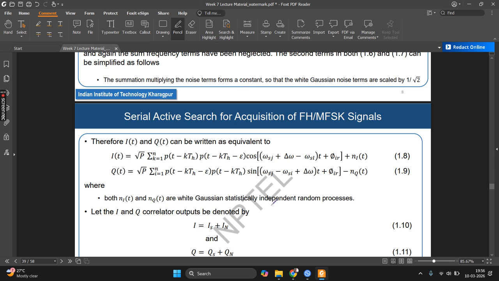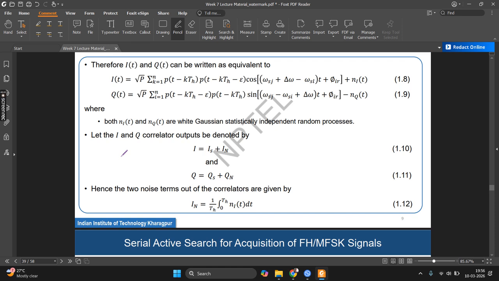And then there is the cos component plus in-phase noise, and then there is the sine component minus quadrature noise. So this is the in-phase and quadrature parts of the signal. I is denoted as Is plus In, and Q is denoted as Qs plus Qn, where n is the noise component and s is the signal component.